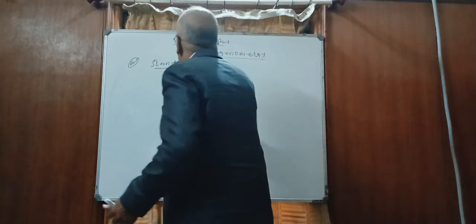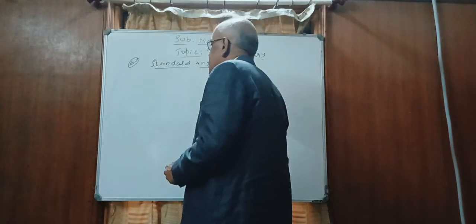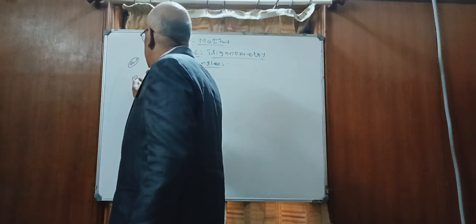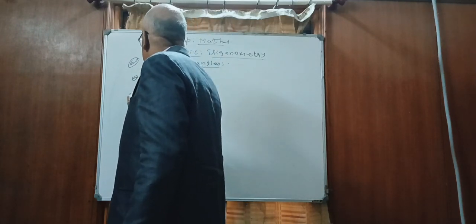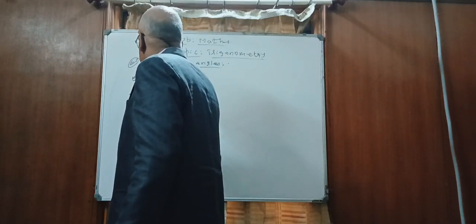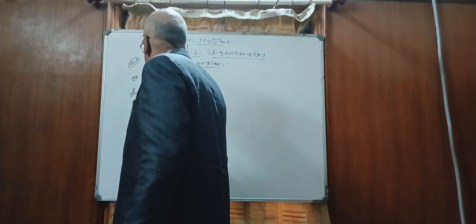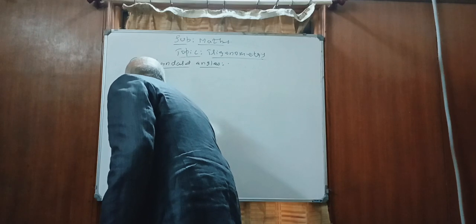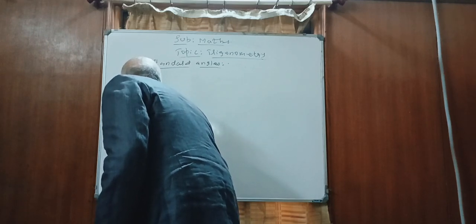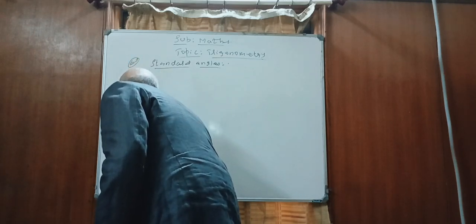Now come, I'll draw the table and show you how to remember. Many students say, no sir, it's very difficult to remember. What's the first one? Sin theta. Then cos theta, then tan theta, cot theta, sec theta, then cosec theta.